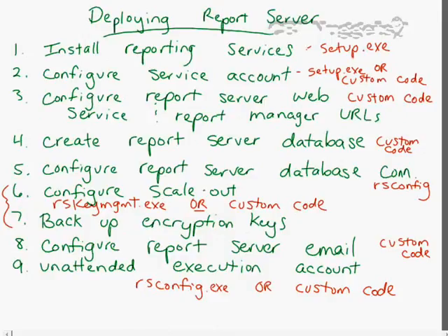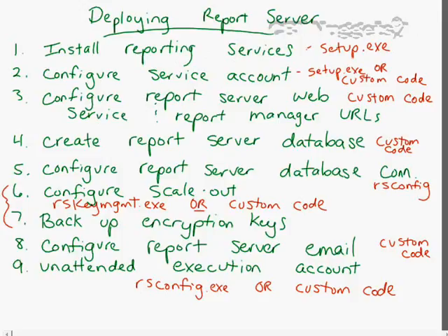When you run this file, you can go through the wizard, which will take you through all of these steps. But if you don't know all of the necessary information up front, you can just choose to install the reporting services by itself, which just includes the basic files. And then later you can choose to configure everything else.